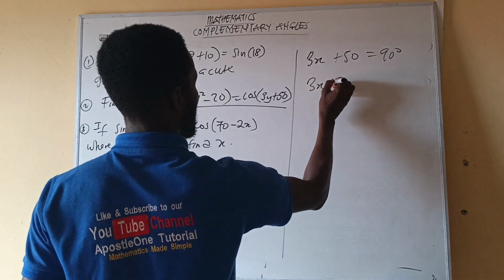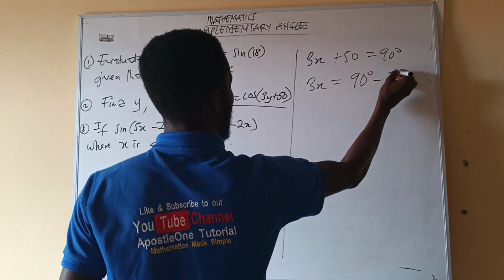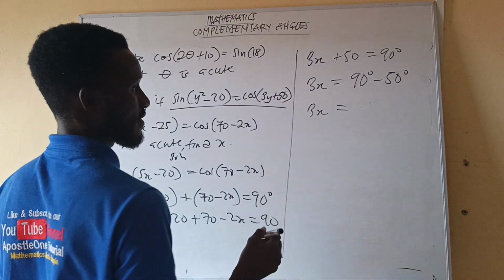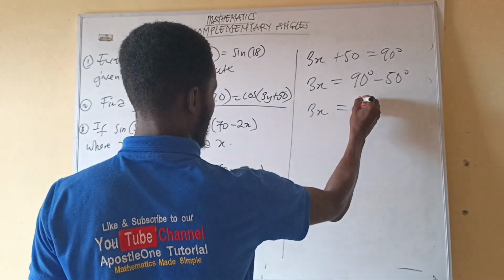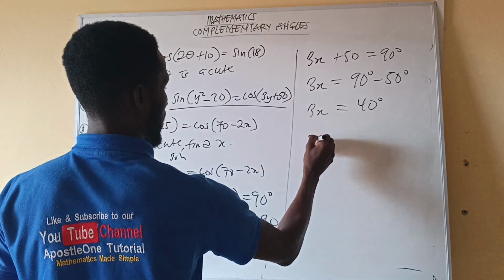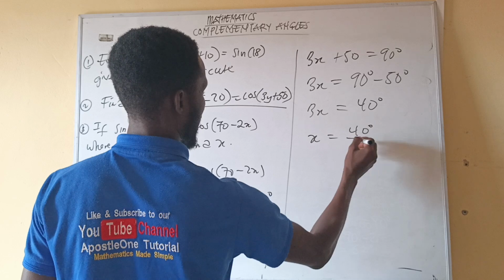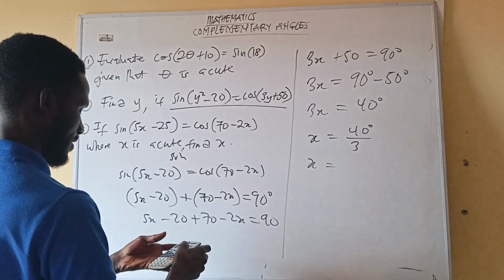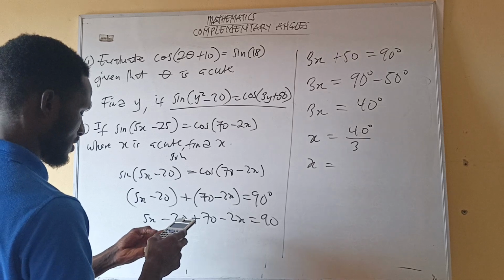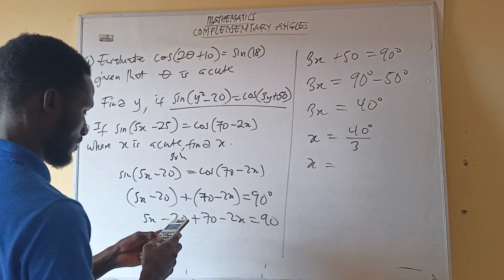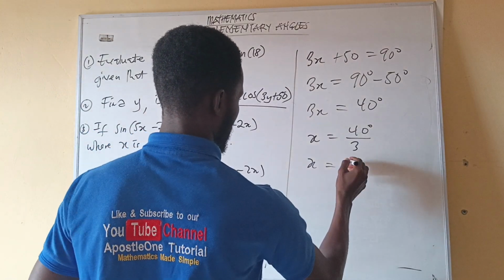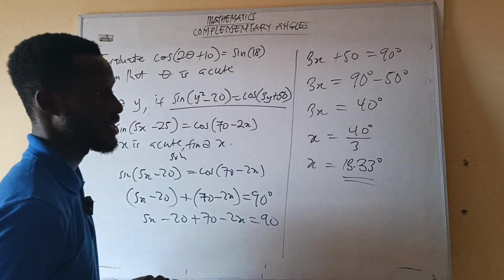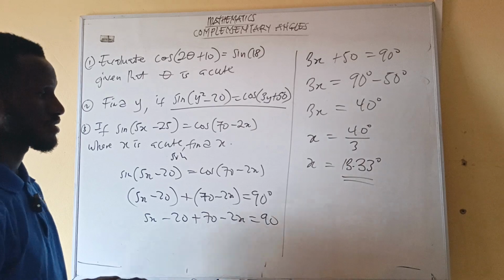You're going to have 3x is equal to 90 minus 50, which will give us 40. Now our x is 40 divided by 3. 40 over 3 will give us 13.33, to two decimal places.